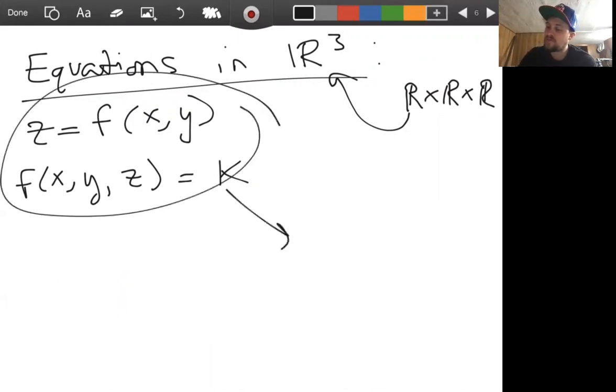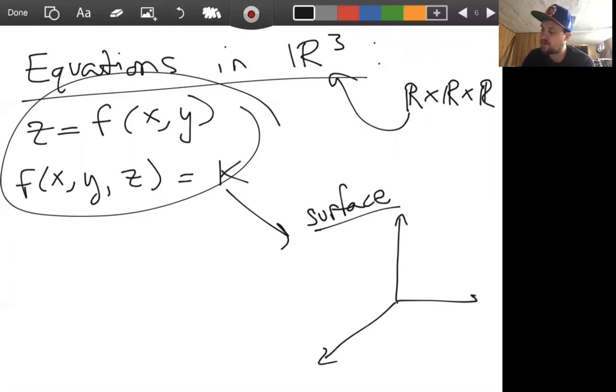These now represent a surface, where the analog in two-dimensional space was a curve, and higher one dimension up, the equations represent surfaces.